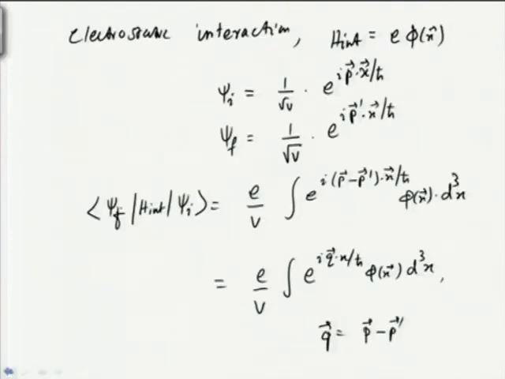Now, we have to understand what phi is, or we will actually do some algebraic manipulation to get it in a better form. Let us consider the del square operator acting on e power i q dot x over h cross.